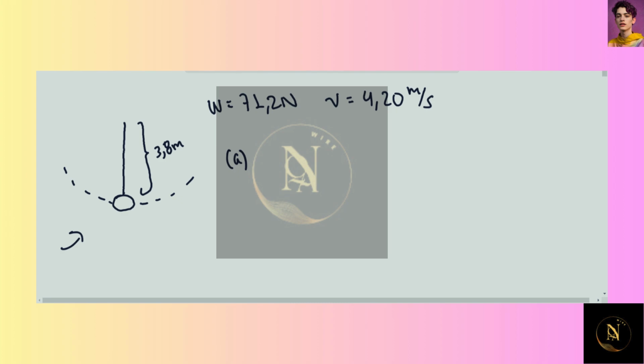To obtain this, we know that the only acceleration that is causing this ball to have circular motion is the centripetal acceleration, which is defined as the velocity squared over the radius.